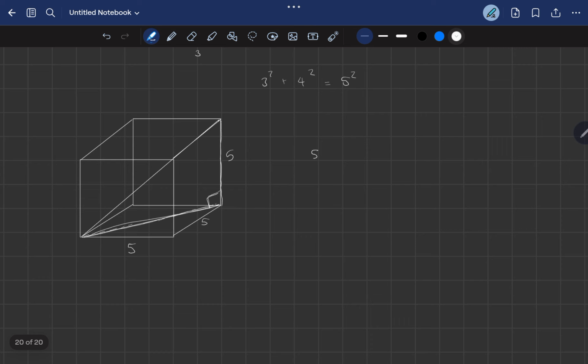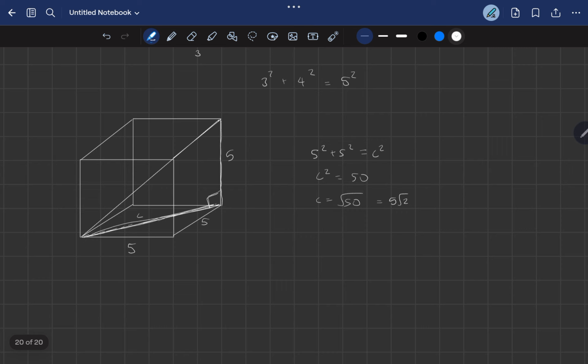So 5 squared plus 5 squared is equal to this length squared. I'll label that as c. So this is equal to c squared. So c squared is equal to 50. So c is equal to root 50. And this can also be written as 5 root 2. Okay? So c is equal to 5 root 2.